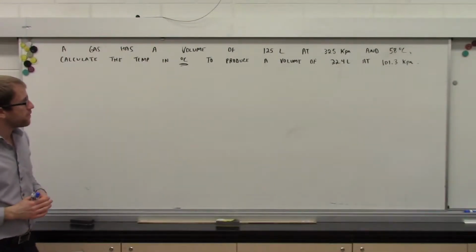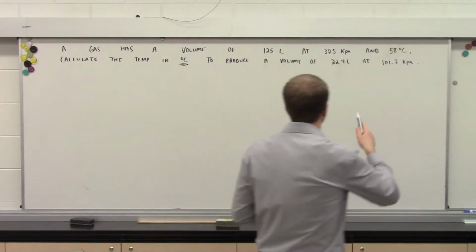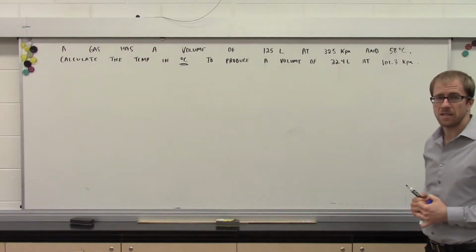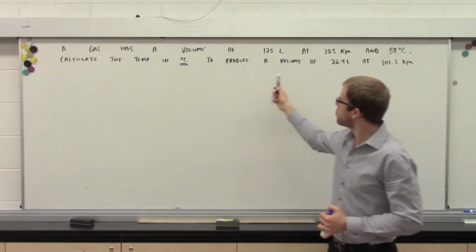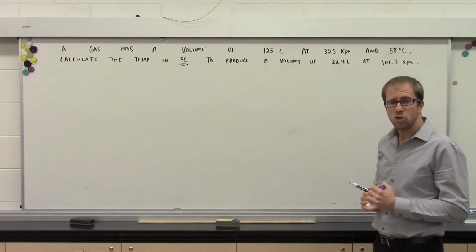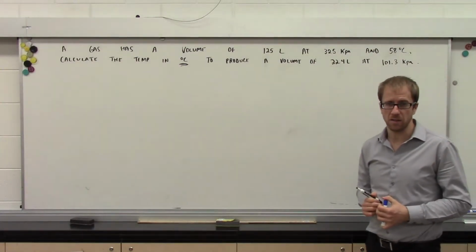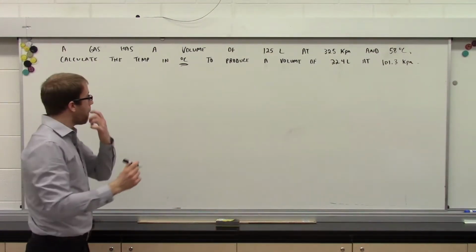Okay, so let's do another example. A gas has a volume of 125 liters at 325 kilopascals and 58 degrees Celsius. Calculate the temperature in degrees Celsius to produce a volume of 22.4 liters at 101.3 kilopascals. So again, let's start off by writing down what we know.